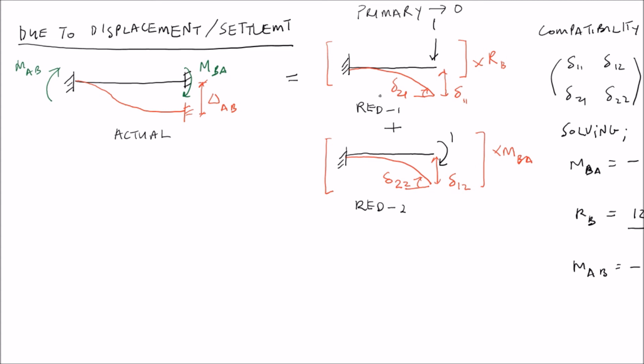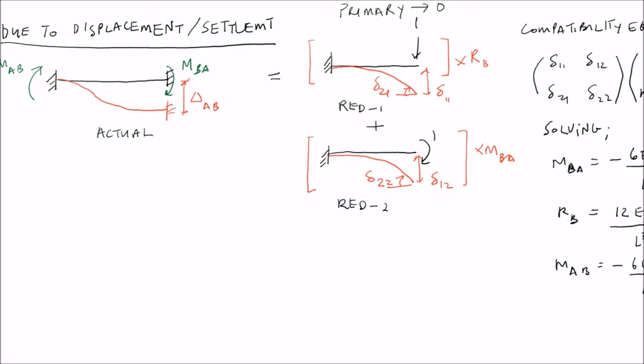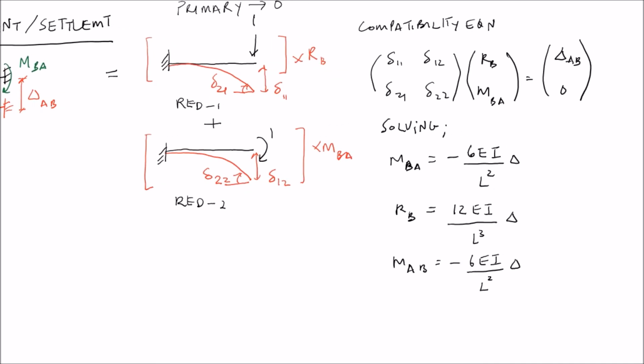Redundant 1 is a unit load and redundant 2 is the applied moment. In essence this is quite similar to the one before, so the constants in this parenthesis will be the same. The only difference would be the actual displacement and actual rotation.